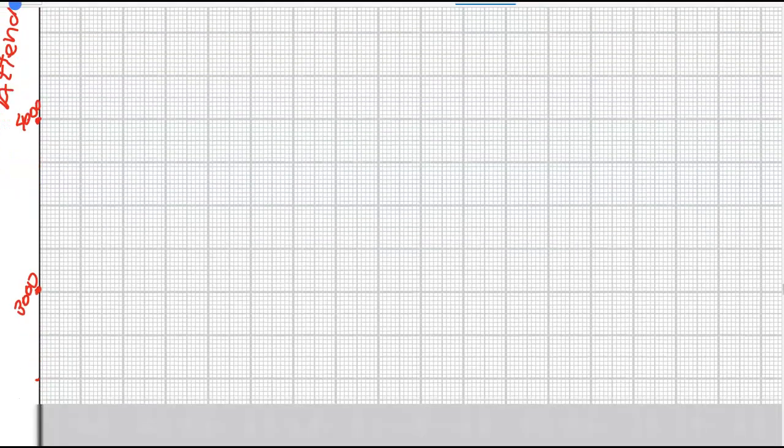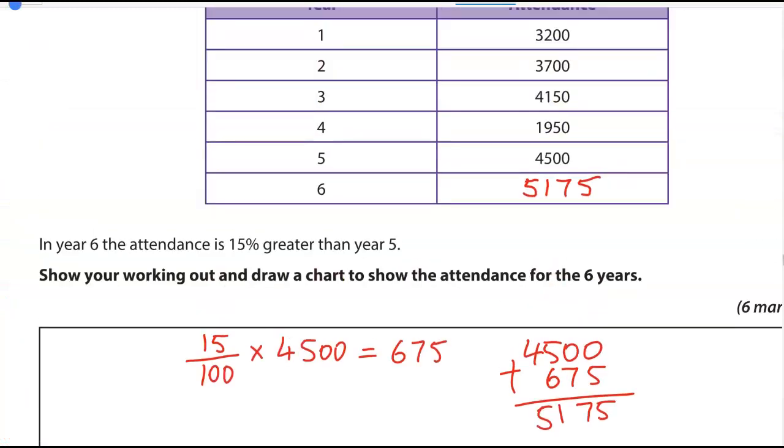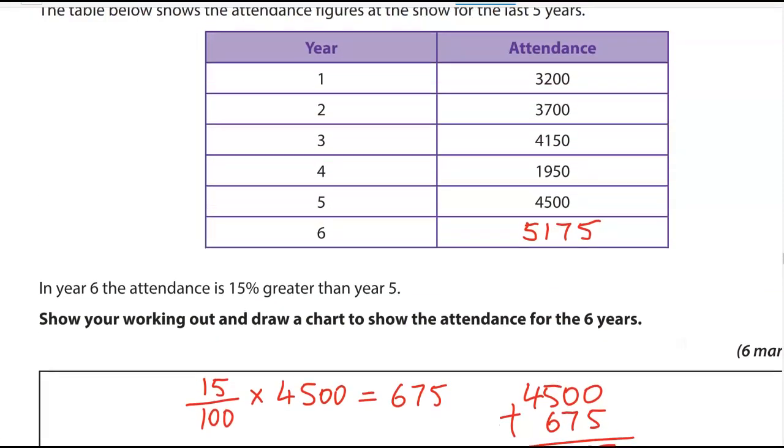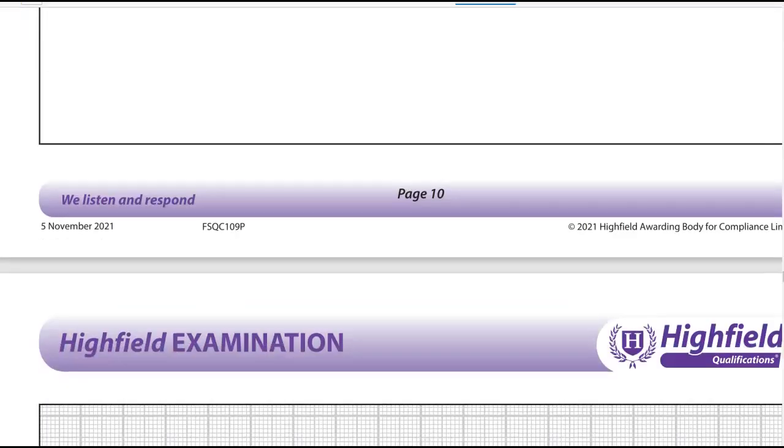Now we're going to plot the data. So for the first year, this goes up to 3,200, then 3,700. So we've got 3,000 here. So this is 3,500.